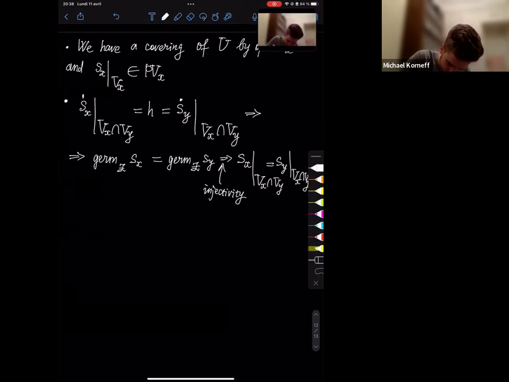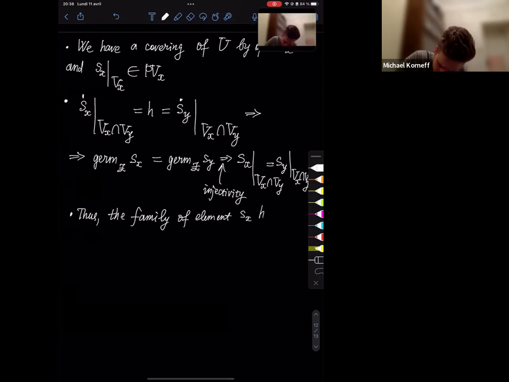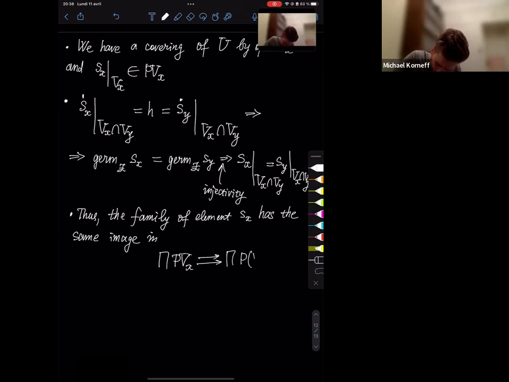Okay, and the last step. Thus, the family of elements Sx has the same image in the equalizer P(Vx) to P(Vx intersect Vy).